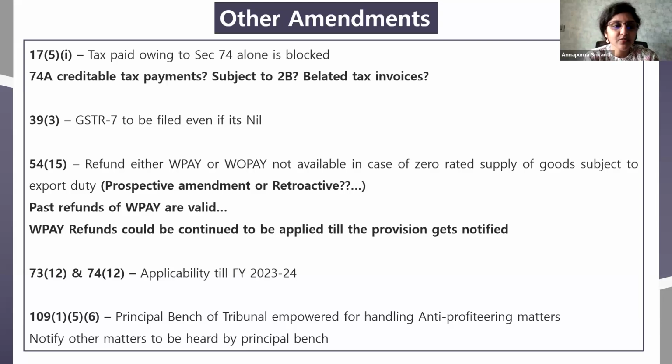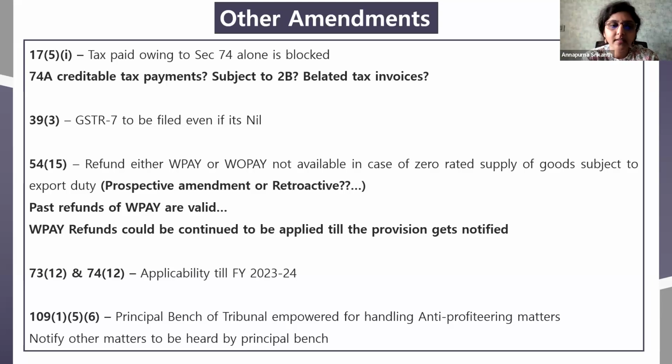54, subsection 15 has been introduced with respect to zero-rated supply of goods which is subject to export duty. Earlier, there was a restriction only with respect to the without payment category. Now they've made it uniform and included even the with payment option as subject to the restriction of refunds.